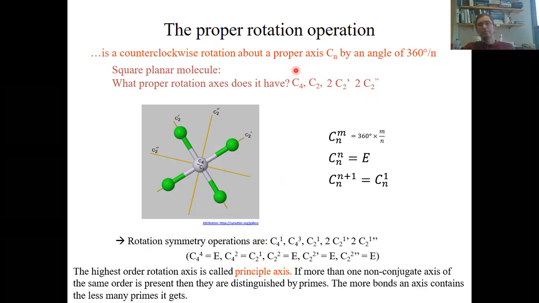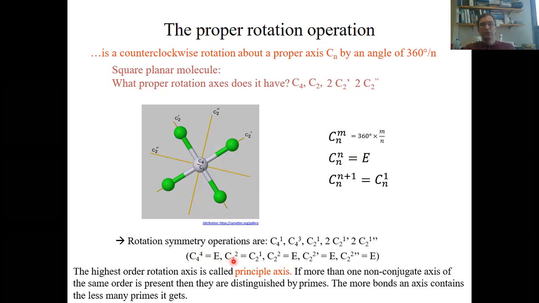So we can look at the C4 symmetry operation first, for instance. For the C4 symmetry operation, we have to consider all operations between C4^1 and C4^4. After C4^4, we have produced the identity. So we do not have to really consider the C4^4 because it can be expressed by the simpler symmetry operation of the identity. But what about C4^1, C4^2, and C4^3?